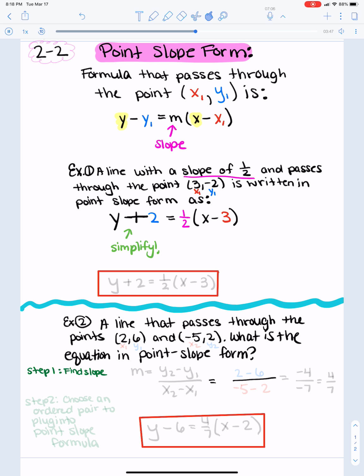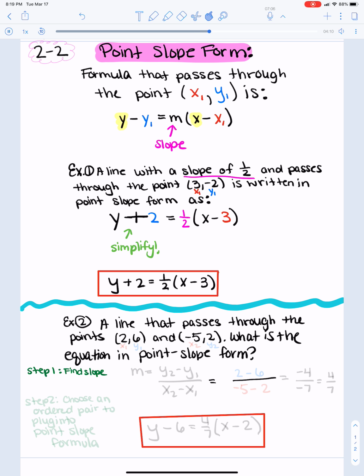So our final answer is y plus 2 equals 1/2 parentheses x minus 3. And that's it. Okay, so we took the two pieces of information that it gave us. It gave us the slope, it gave us the point. All we did was plug it in, okay?